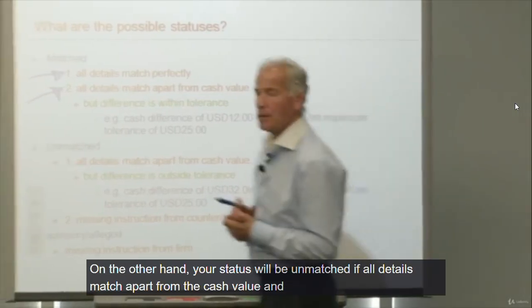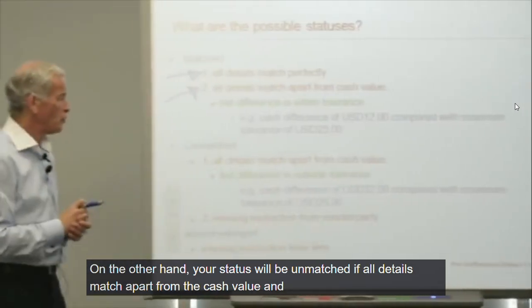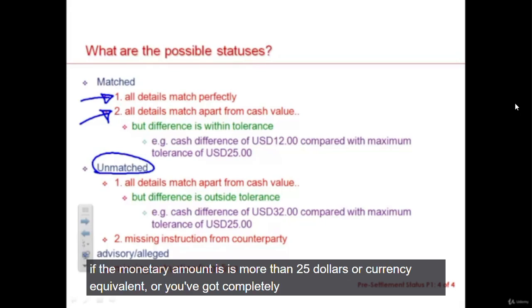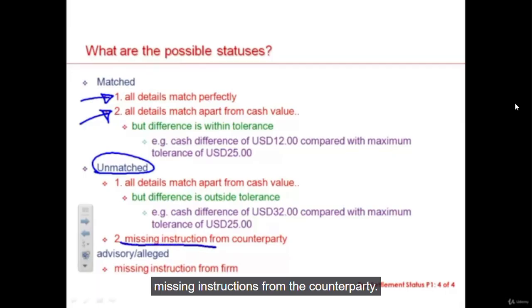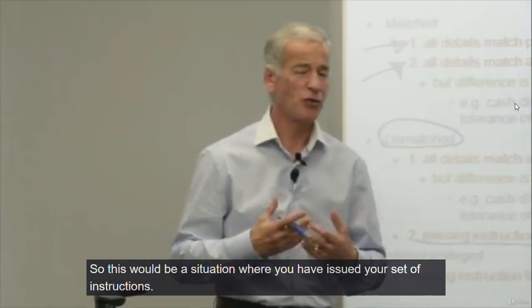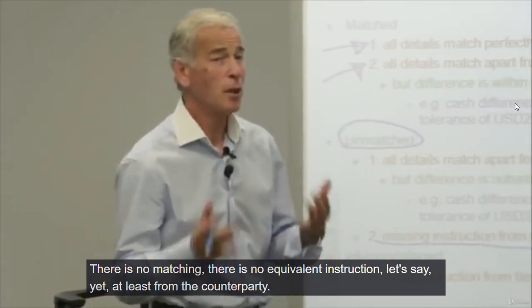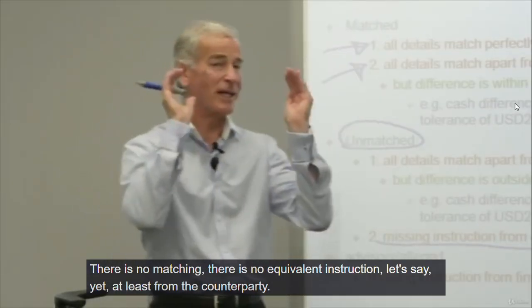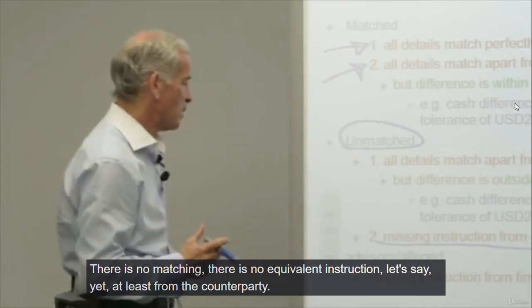On the other hand, your status would be unmatched if all details match apart from the cash value, and the monetary amount is more than $25 or currency equivalent, or you've got a completely missing instruction from the counterparty. This would be a situation where you have issued your settlement instruction, there is no equivalent instruction, let's say yet at least, from the counterparty.